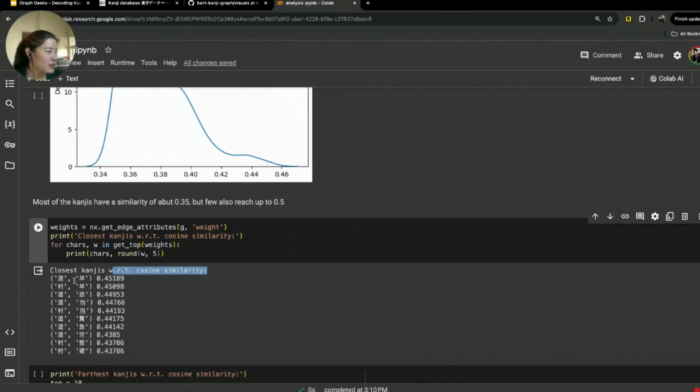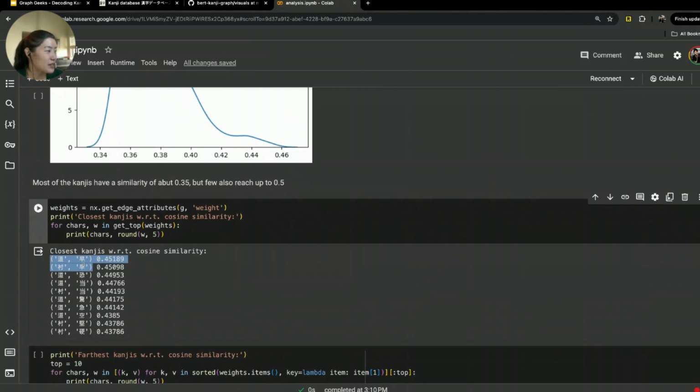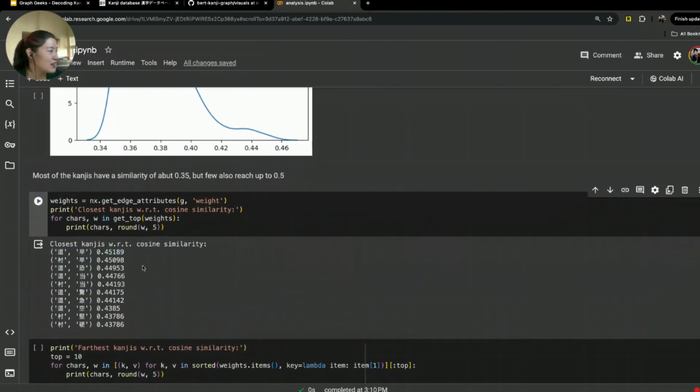The most related one, I thought this was interesting. If you look at the meaning they share, the two hubs, or the two central nodes, have cosine similarity shared with the same character, which is kind of interesting.